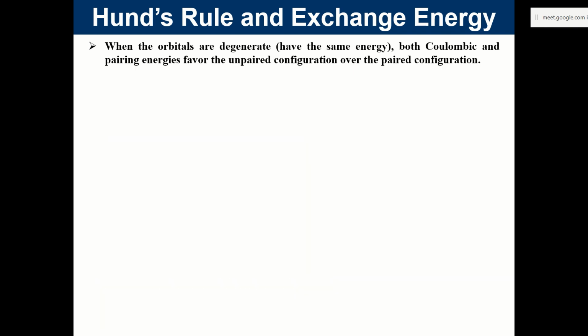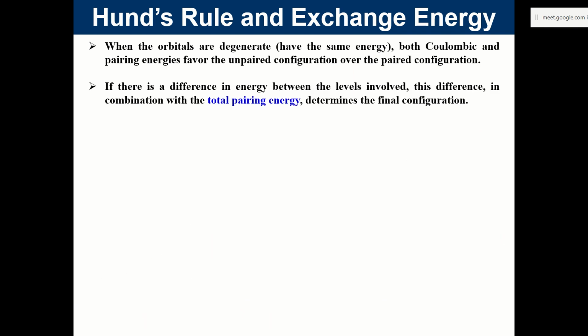So this is what was summarized in a sentence, and that's what is called Hund's rule. When the orbitals are degenerate, we always prefer the unpaired configuration over the paired configuration.